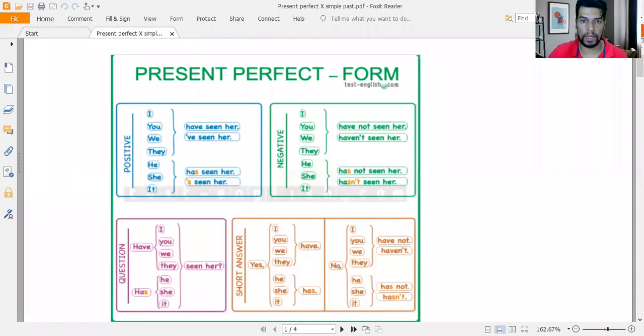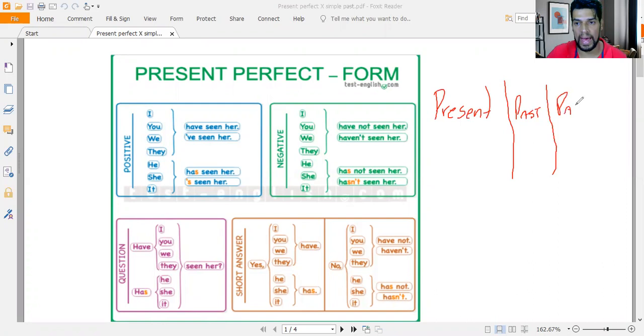So probably you remember that in English we have verbs, of course, and we have verbs in the present tense, we have past, and then we have past participle, okay? Past participle. So let's try to remember some of the verbs here. The verb see.